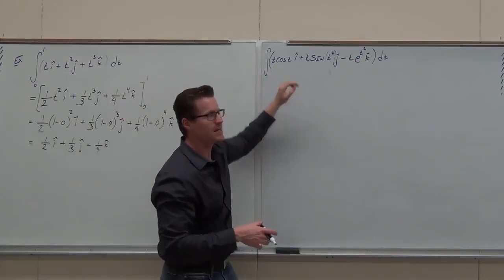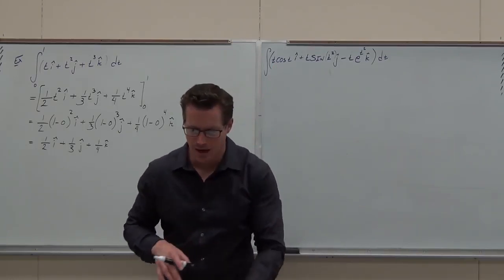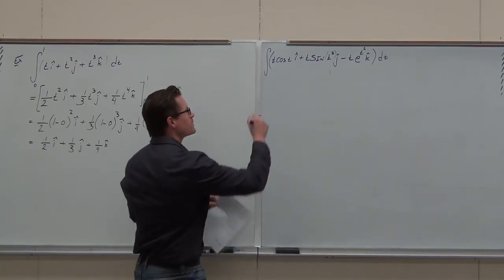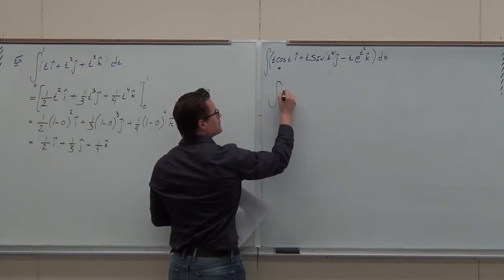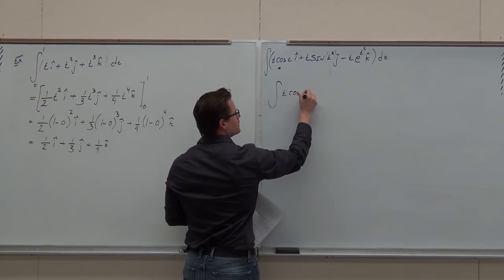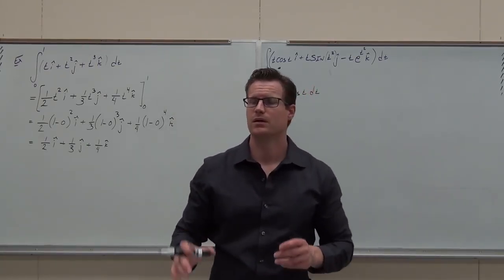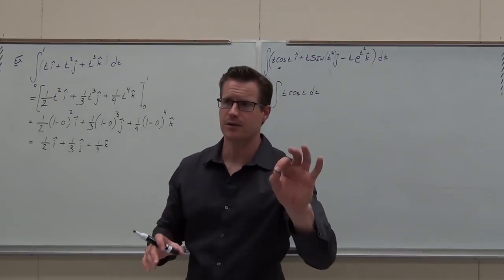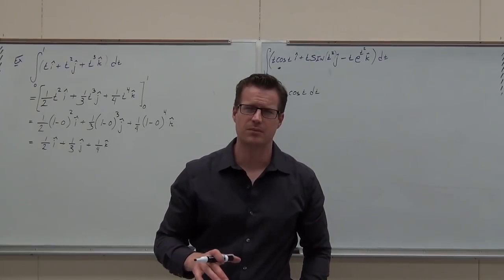But when you get stuff like t cosine t, please take the time to just write this out and do it separately. So the first thing I would do is do that integral. And at the very end, make sure I have an i, because that's what's going to happen here. You guys all right with what I'm talking about?